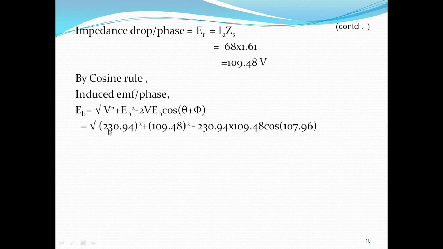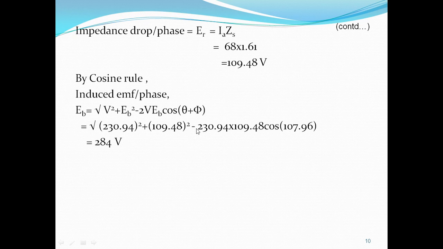So V value is 230.94 square plus ER. What is the ER value? This one, 109.48. So 109.48, this is ER, not EB. I forgot to change the suffix. So this is ER 109.48 square minus 2 into, again I forgot to write 2 here.